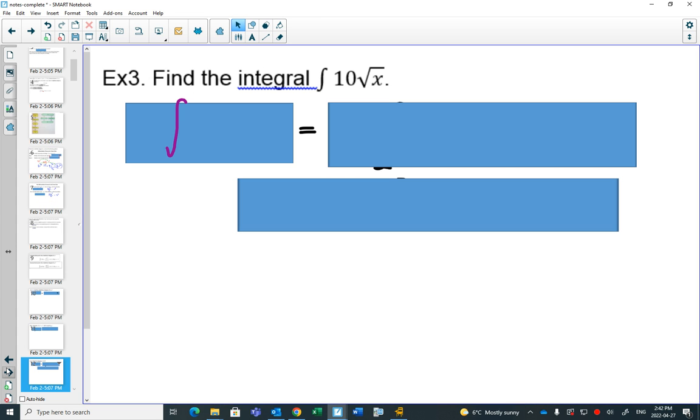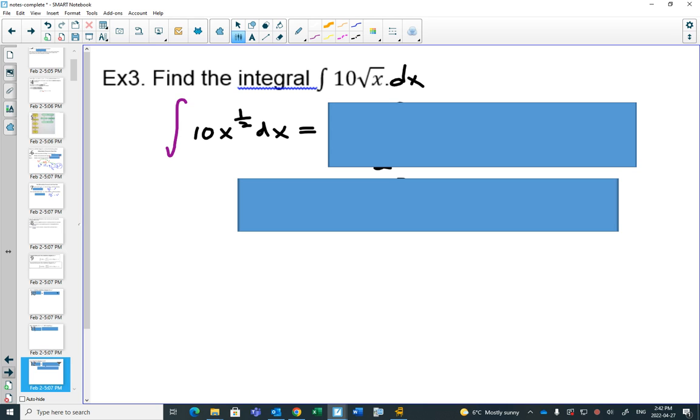And so getting good at original derivative rules will apply the same things for our integral rules. This one, there's a typo. There should be a dx here.